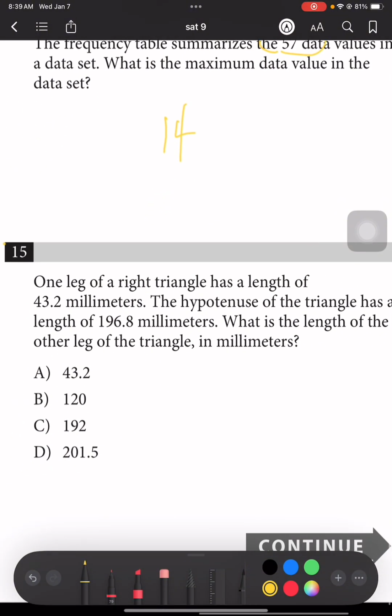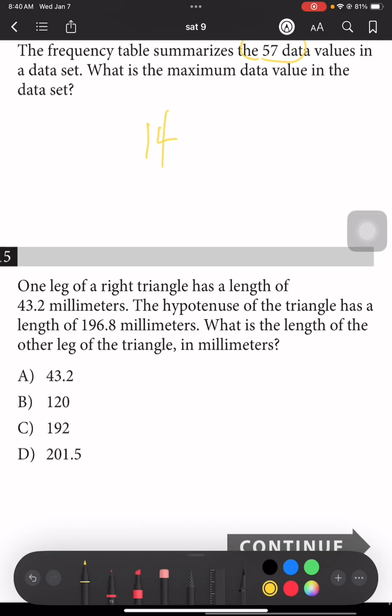15. One leg of a right triangle has a length of 43. The hypotenuse of the triangle has a length of, what is the length of the other leg of the triangle in millimeters? Okay. Well, that's 196. Call it 200. I'm going to round it because I don't have a calculator. It's 40,000.